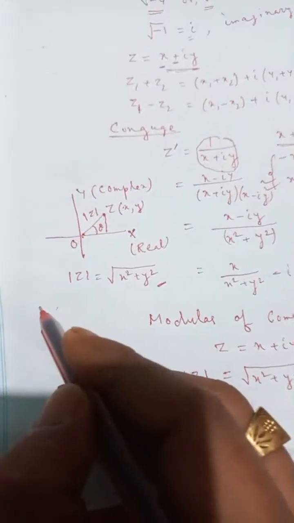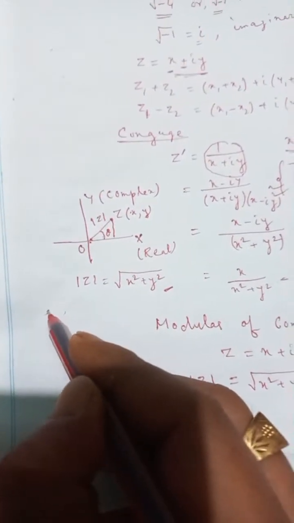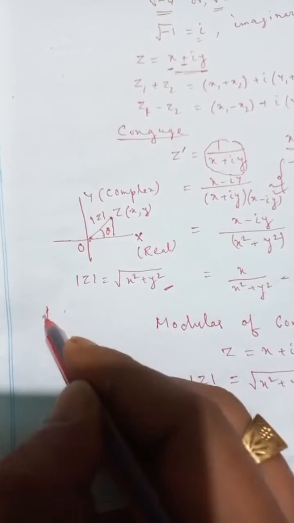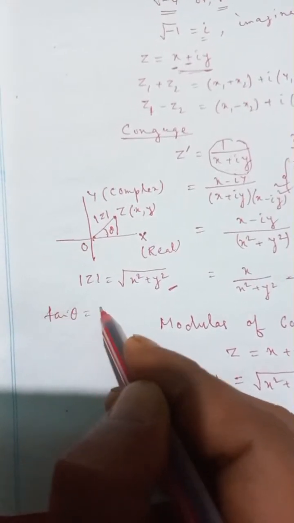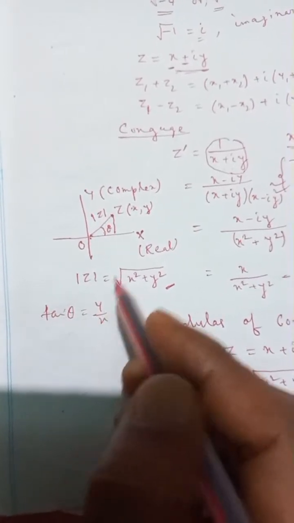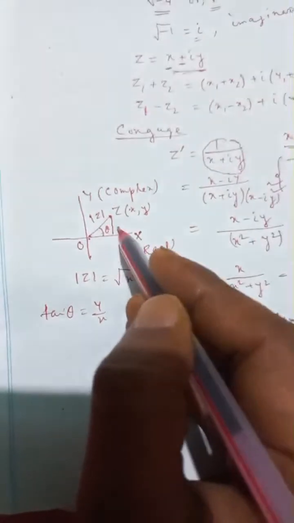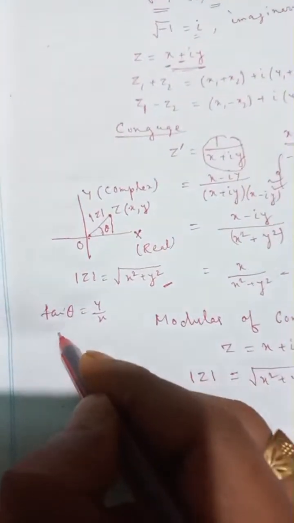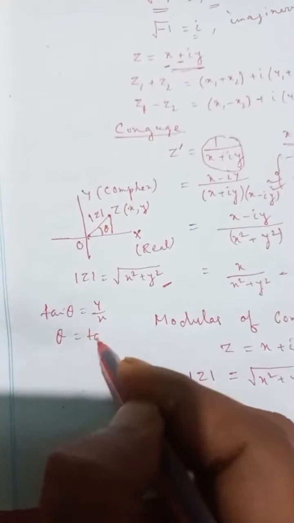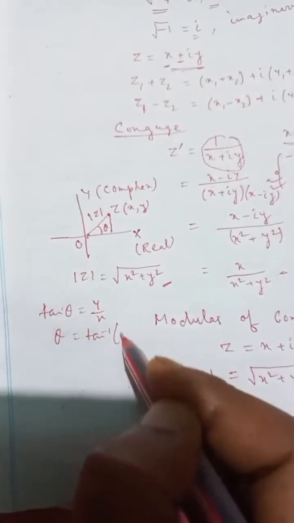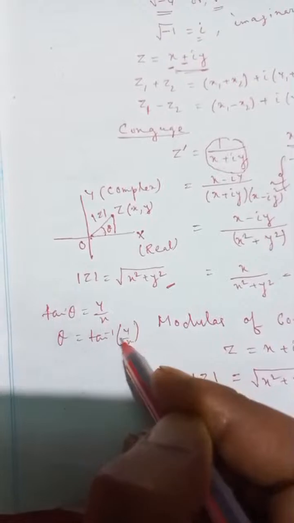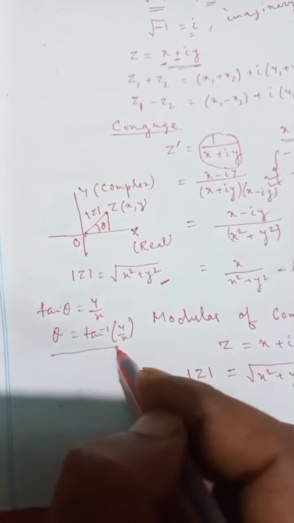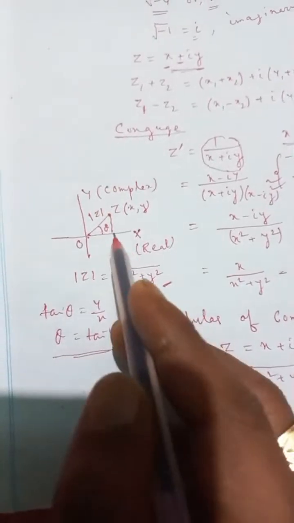Here tan theta, we know from the right triangle, will be y by x, so theta will be tan inverse of y by x. So this is the amplitude of this complex number.